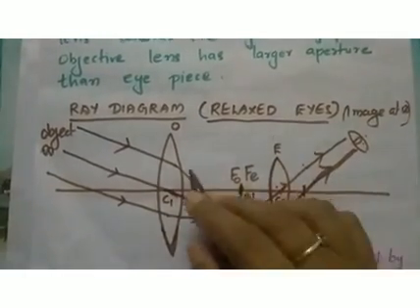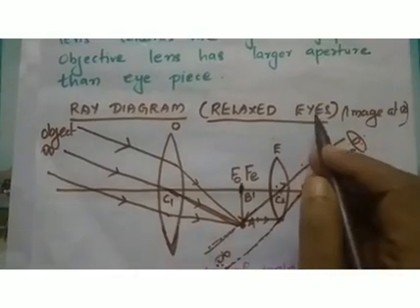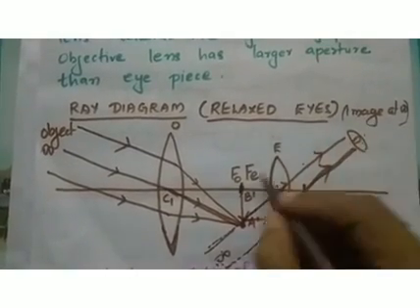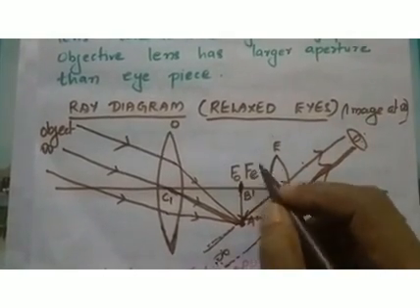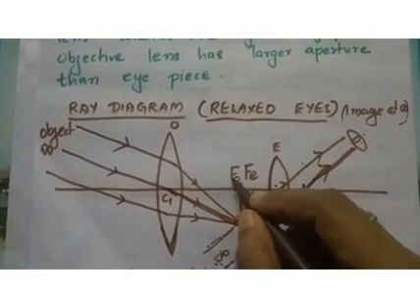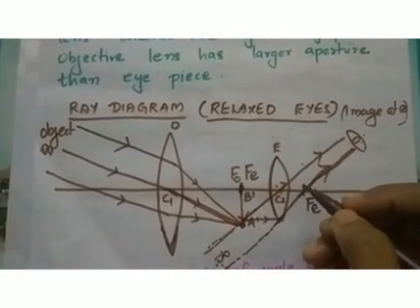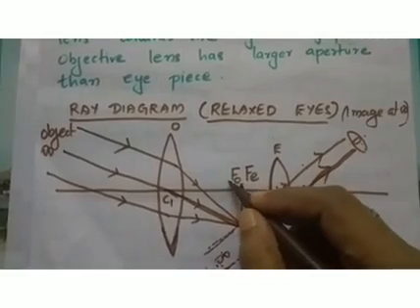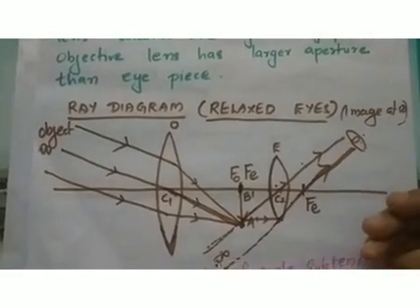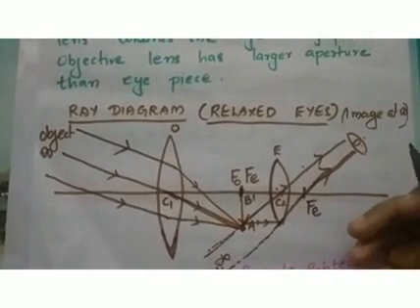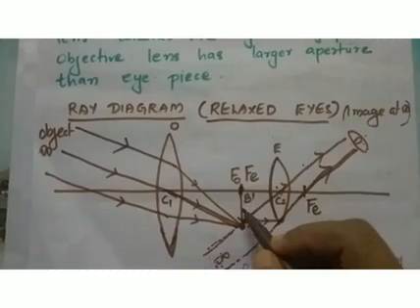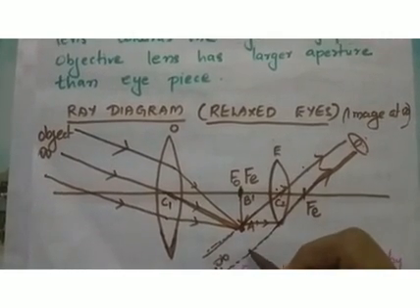Okay, so in the case of the telescope, in the setting for relaxed eyes, the same point acts as the focus of the objective and the focus of the eyepiece. That means the focus of the objective and the eyepiece coincide. That is the condition, because here this is the object of the eyepiece and the image of the eyepiece is formed at infinity.